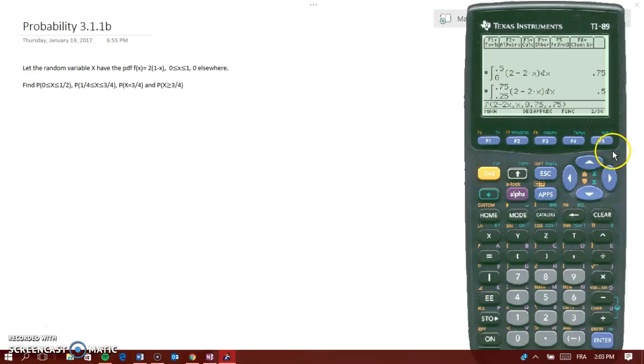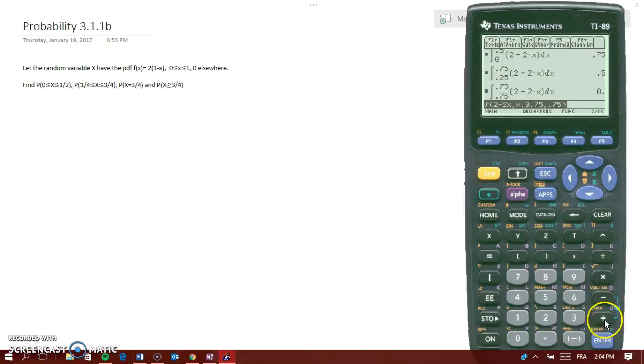From 0.75 to 0.75 there is no line, it's just a dot, which is so tiny that you can't even see it. So that's why it will be equal to 0. Anything where it says the probability that x is equal to a number is basically 0.